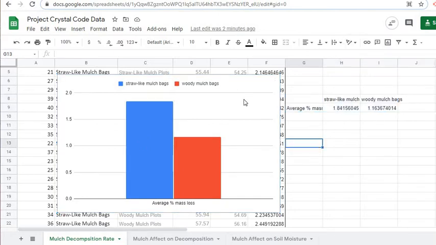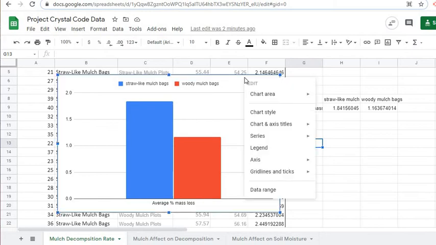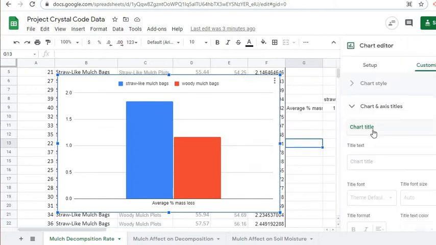Once you have your graph, it is a little bit hard to tell out of context what this is, so we want to make sure we're labeling all of our axes and giving it a title. If you right-click and go to Chart Axis and Titles, we can add in a title here. This is specifically addressing our mulch decomposition rate, so I'm going to make that the title.